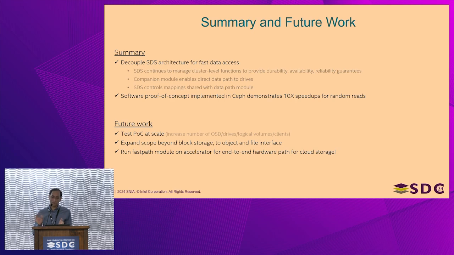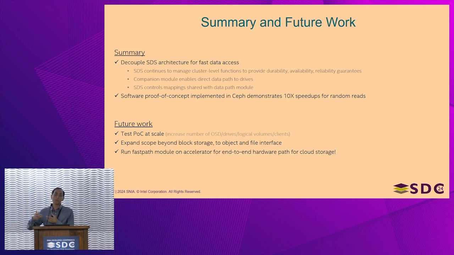Now, that will probably get us into a space where we'll have to do some custom extensions. We can't just rely on the standardized NVMe-over-Fabrics, obviously. But again, if we can get significant speedups, we think it'll be well worth going down that path. And lastly, what I shared so far was all a software proof of concept.